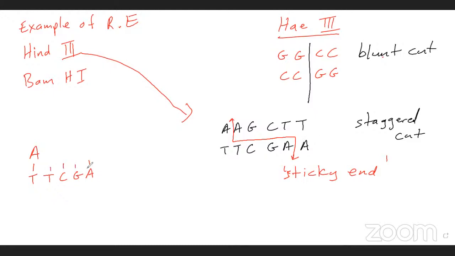So know a few restriction enzymes, and now you know the types of blunt and staggered.